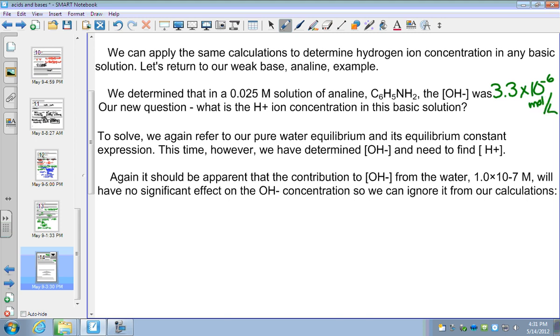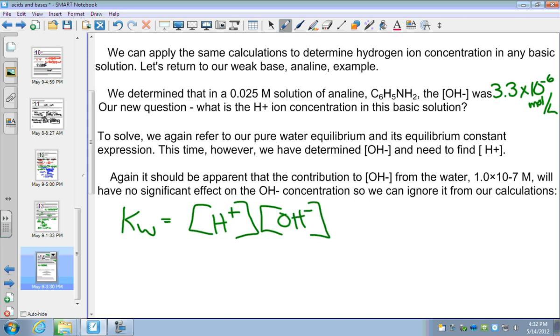Our new question: what is the H concentration in this basic solution? To solve, we once again refer to our pure water equilibrium and its equilibrium constant expression. This time, however, we have determined OH and need to find H. So again, we say that Kw is equal to H times OH.